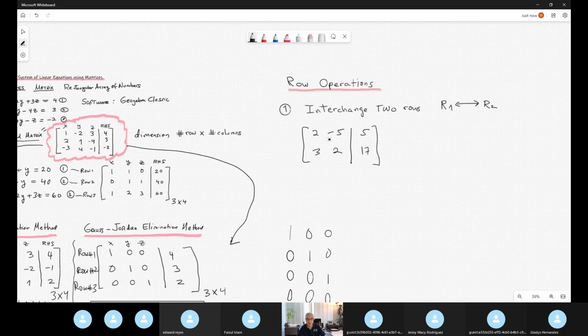Suppose I have this matrix. Let me erase that part. By the way, the dimension of this matrix is 2 by 3, no? 2 rows, 3 columns.